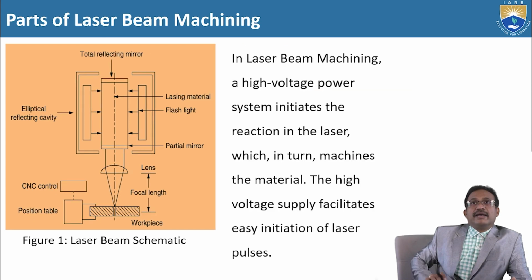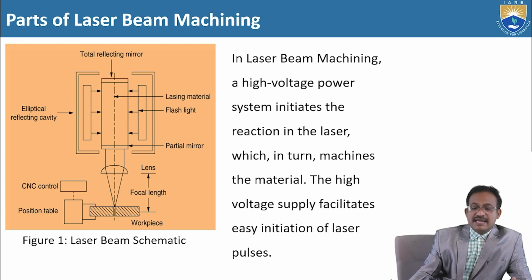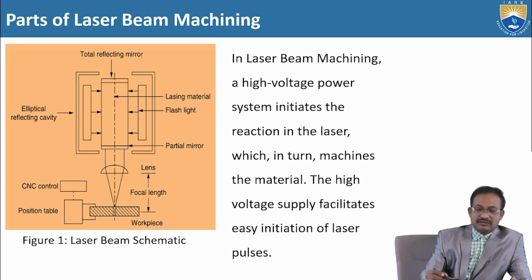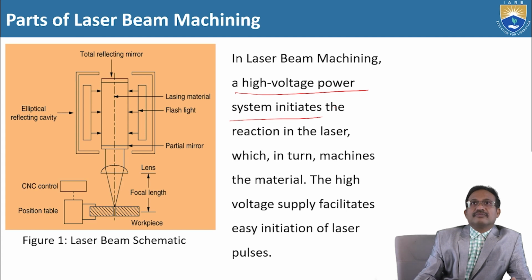Okay, right. In laser beam machining, a high voltage power system initiates the reaction in the laser. So here a high voltage power system is required, which in turn machines the material.